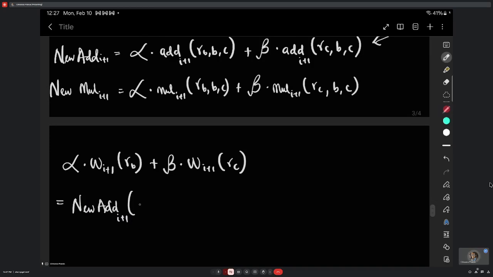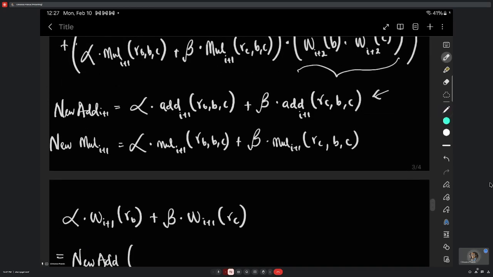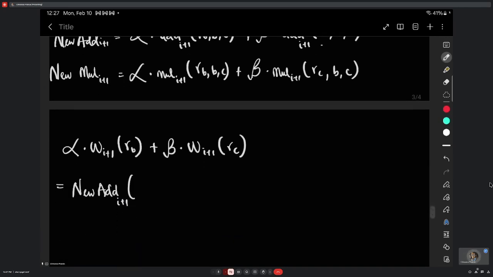So it's just BC, because this first one we're evaluating at RB, so we'll get a new polynomial in BC, and this one we're evaluating at RC. So we'll get a new polynomial in BC. So this new adder will now be a polynomial in BC, right?